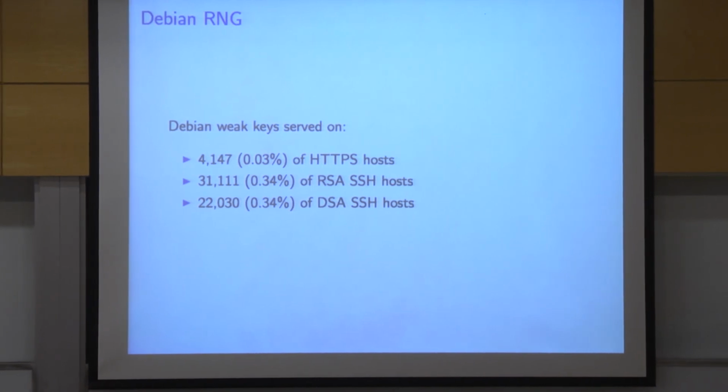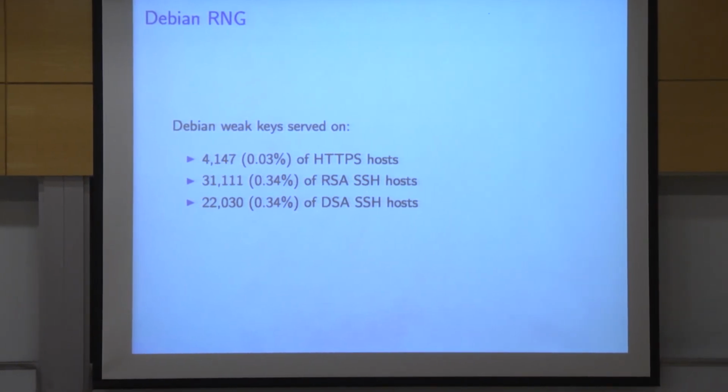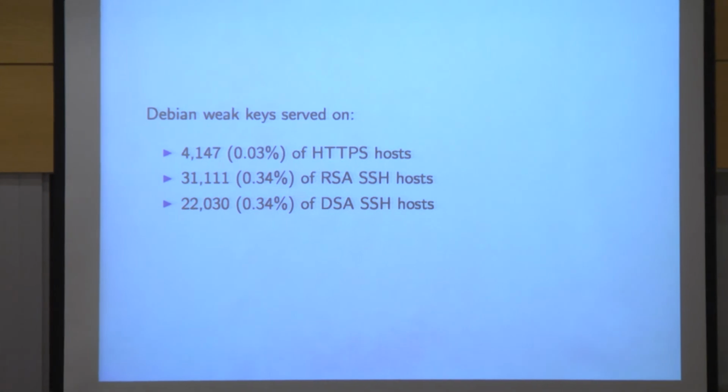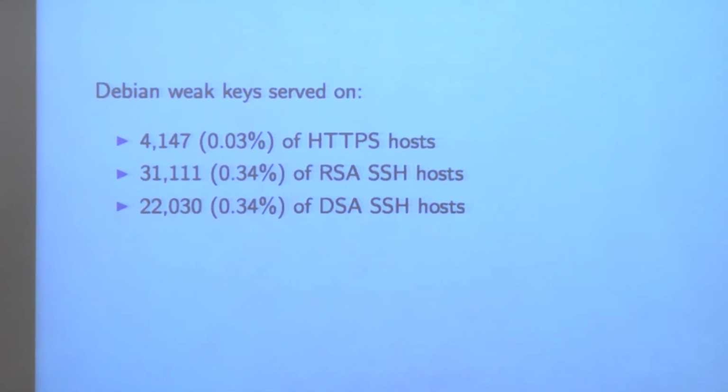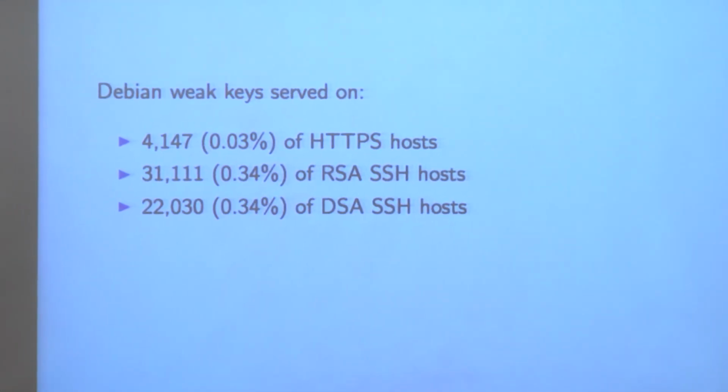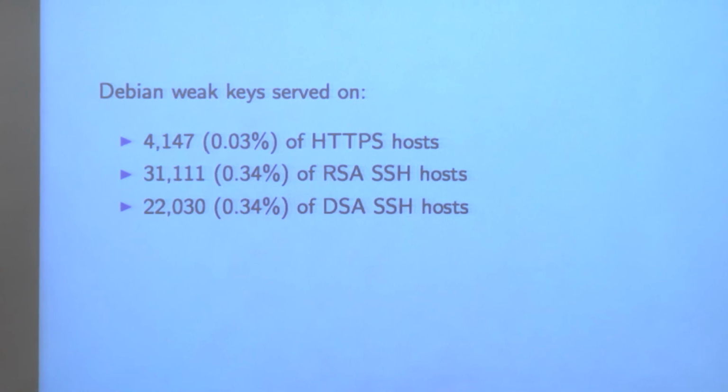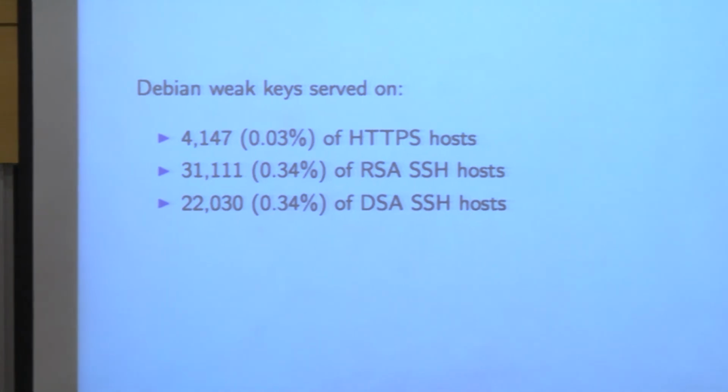In 2008, it was discovered that in the Debian package of OpenSSL, someone had unwittingly commented out the line that actually added entropy from inputs into the entropy pool. And this was because a similar line was causing some memory analysis errors.